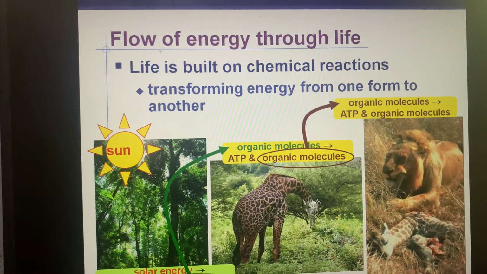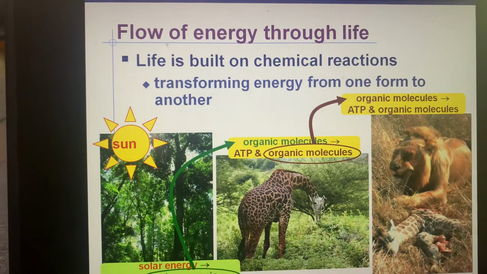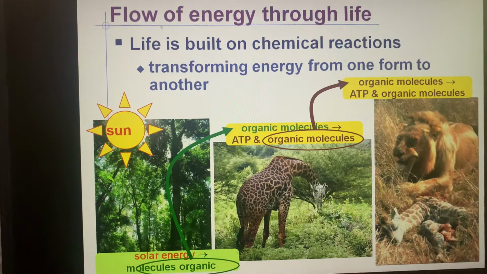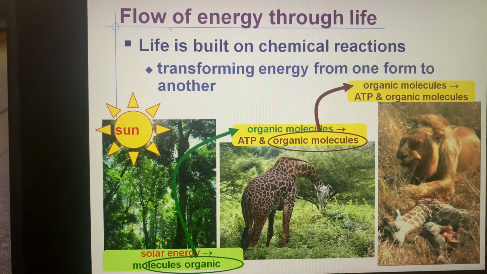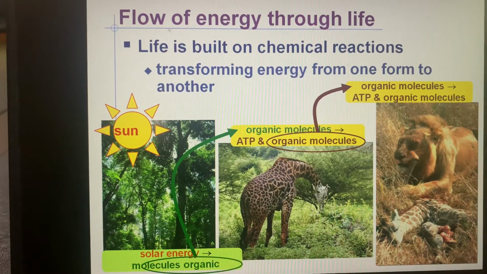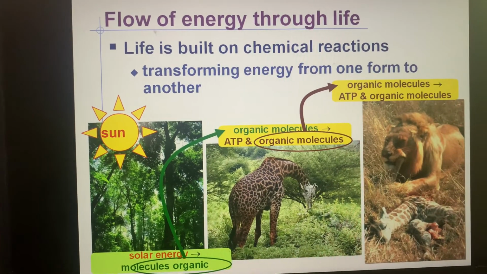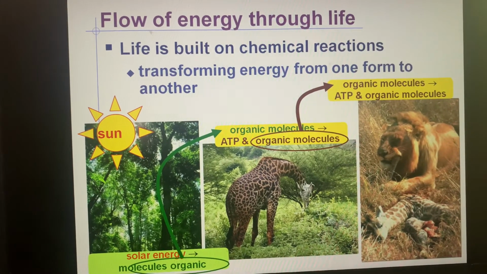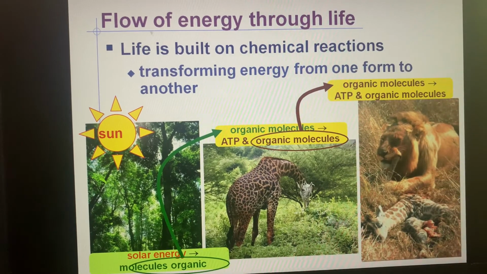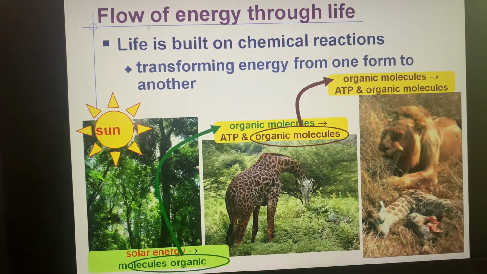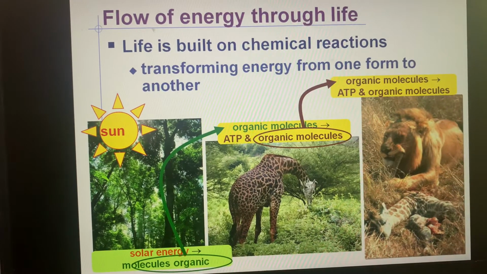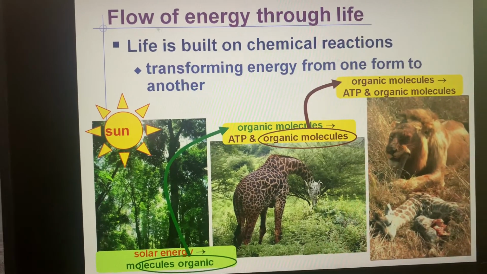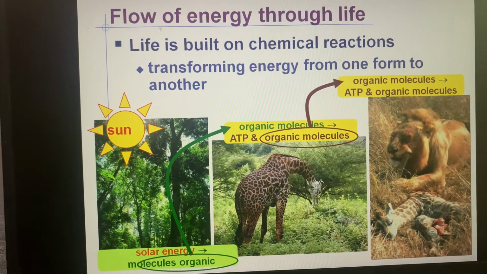How energy flows through life. Sunlight or solar energy is consumed by many organic molecules to conduct many chemical reactions. The solar energy is used in photosynthesis in the plants, and the plants build the food for many animals.